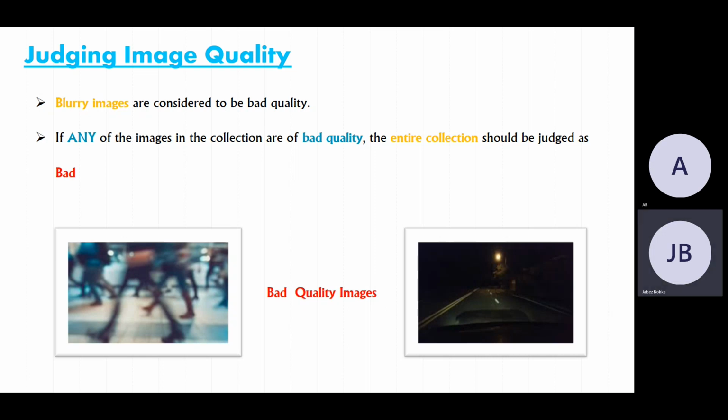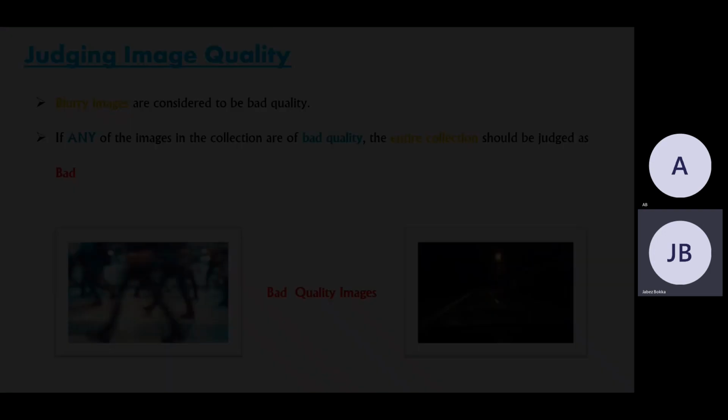If you find any one of those, then you have to mark it as bad. So remember this, even though the images relate to the topic, if the images are not of good quality, if you find that there is blurriness in the images, then you have to mark it as bad.